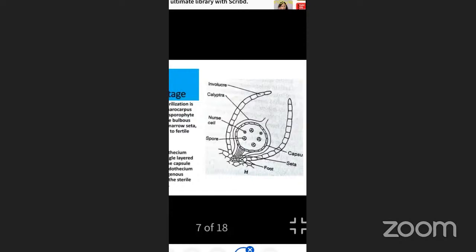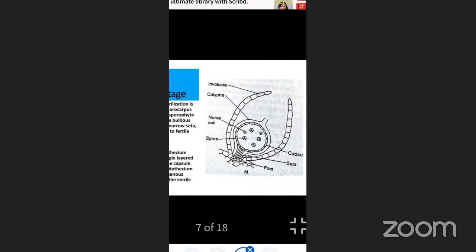Here, the two-celled embryo divides at a right angle and a four-celled embryo is formed. Okay. So two-celled means the zygote after fertilization undergoes division to form a two-celled embryo. That embryo again divides to produce the four-celled embryo. So these are divided into two tiers, the upper part and lower part.